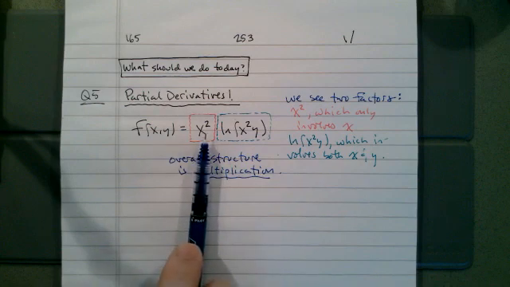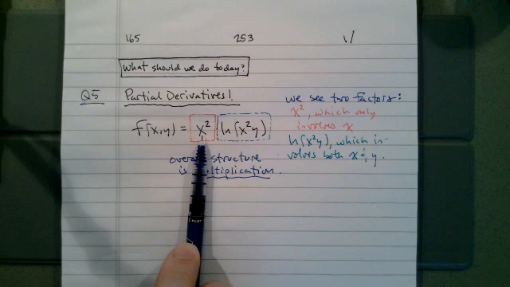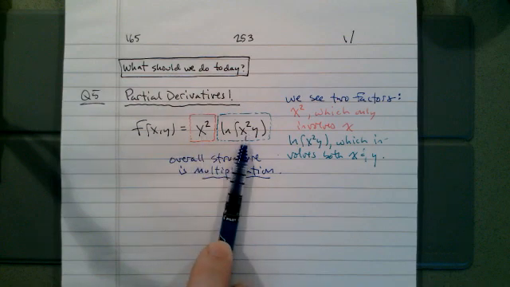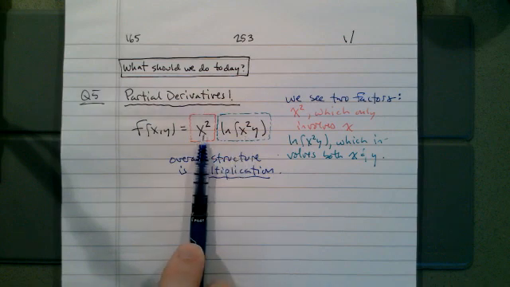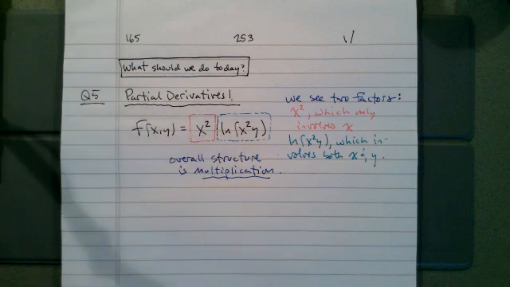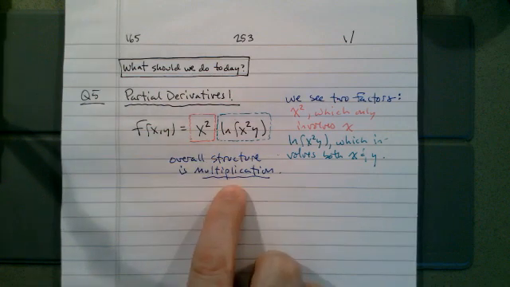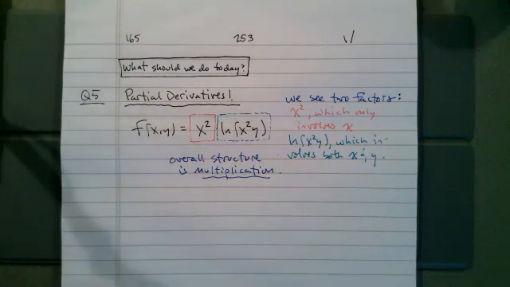In terms of x, for the partial derivative with respect to x, these factors both involve x, so we use the product rule. But in the partial derivative with respect to y, x squared is constant, so we have scalar multiplication for fy. So once we see the overall structure is multiplication, we have to decide what kind of multiplication in each derivative.